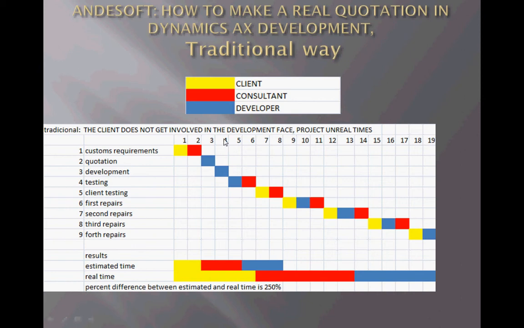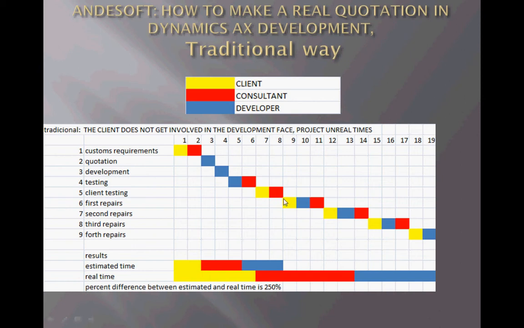In period 4, he does the development and the testing, and then he does the testing with the consultant. At this point, the developer is isolated and works by himself until he gets the connection with the consultant. Then the consultant gets together with the client to show the program. Here there's no interaction with the developer.